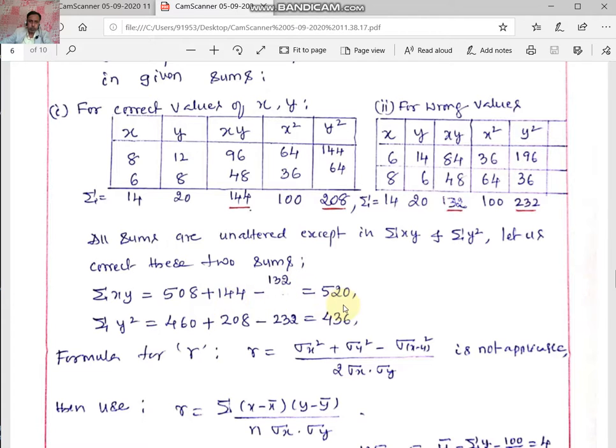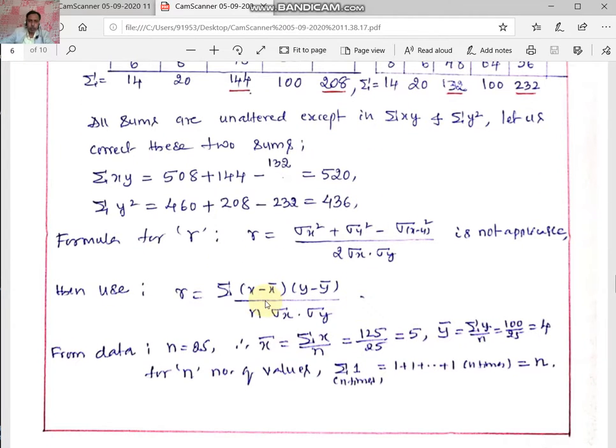Then it simplifies to 520. Sigma y square: from the given data 460, add the correct value and subtract the wrong value. The wrong value from this table is 232. Simplify. So sigma y square becomes 436. So up to now what did we do? We have corrected the sums.